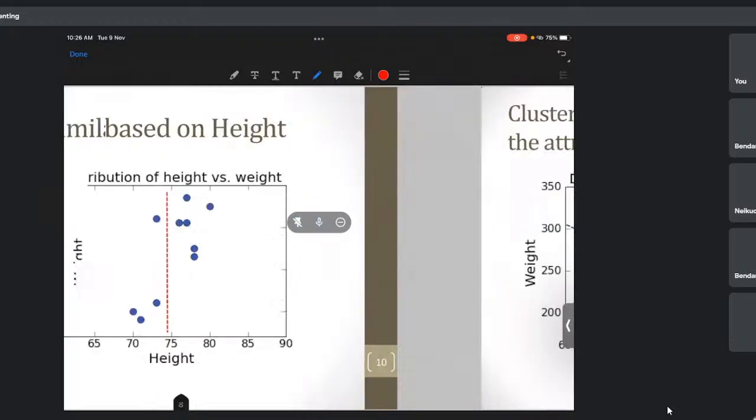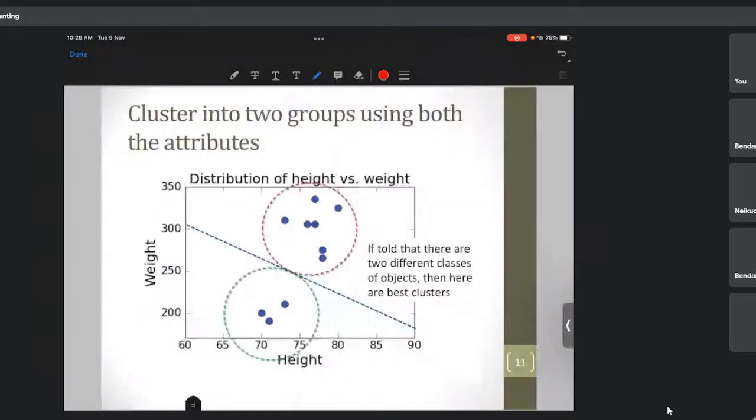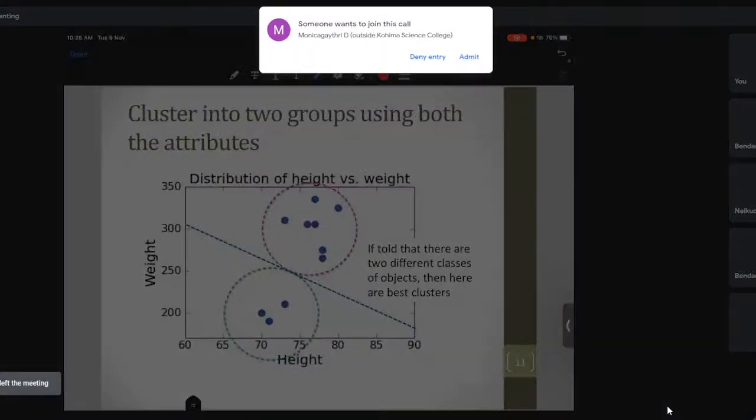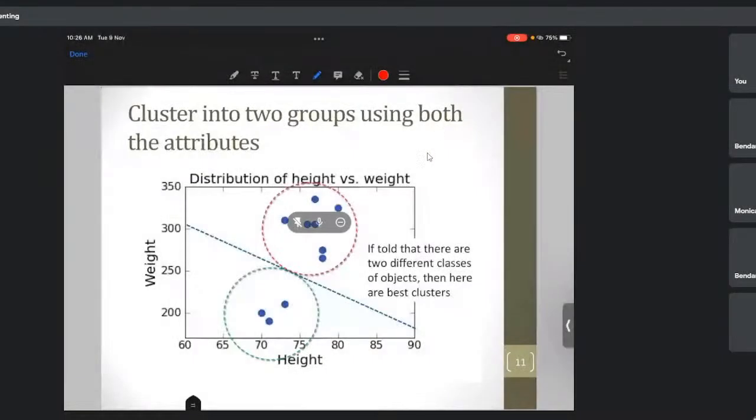Then we try something like this. Here we are considering both height and weight, and based on that we have this kind of division. Now we are happy with this division because it goes with the given information that we have. I mean, this group is lineman, this group is receiver.